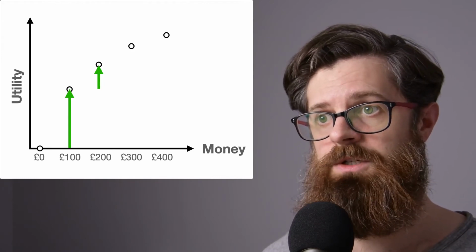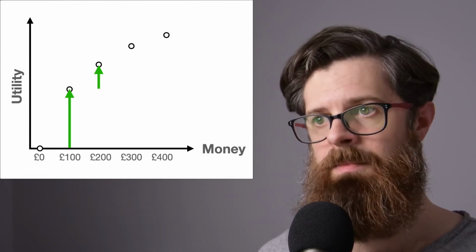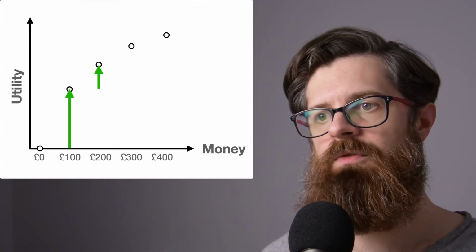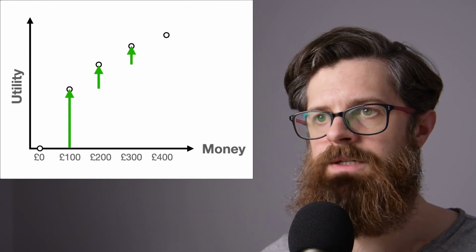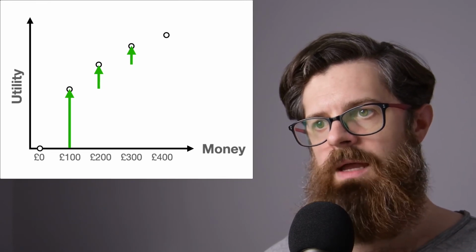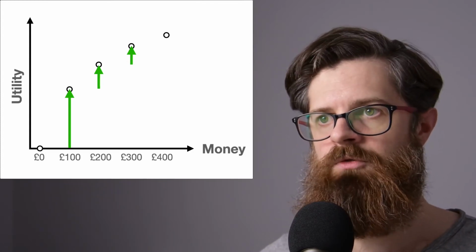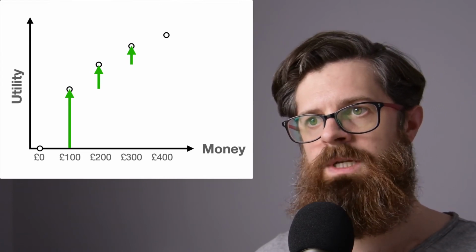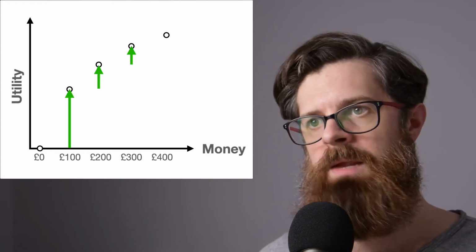It has a subjective utility. But the amount of utility I gain won't be as much as when I went from £0 to £100. And so if I have £200, and I'm given another 100 to take me up to 300, yes, my subjective utility increases, but it doesn't increase by the same amount.